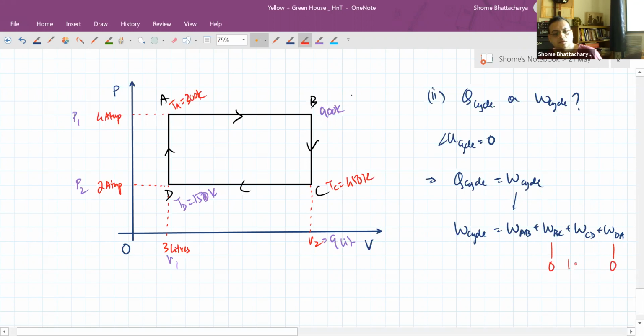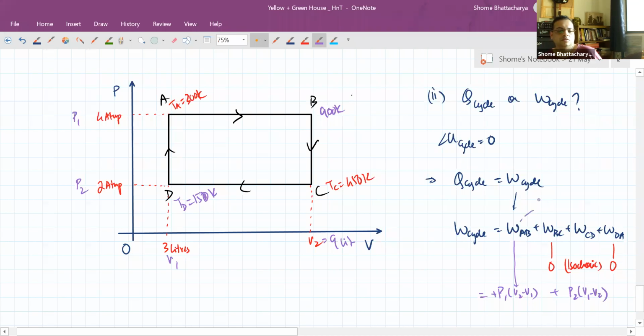Because they are isochoric processes. And for these two, I can just calculate the work done: for this one it is plus P1 of V2 minus V1, and for this one it is minus, or you can just write it as P2 into V1 minus V2, which you will see is a negative form.